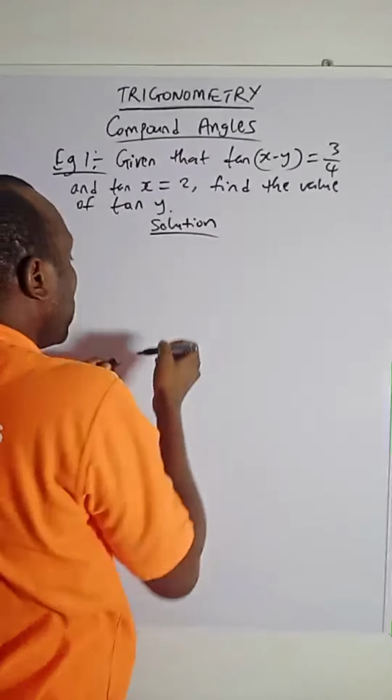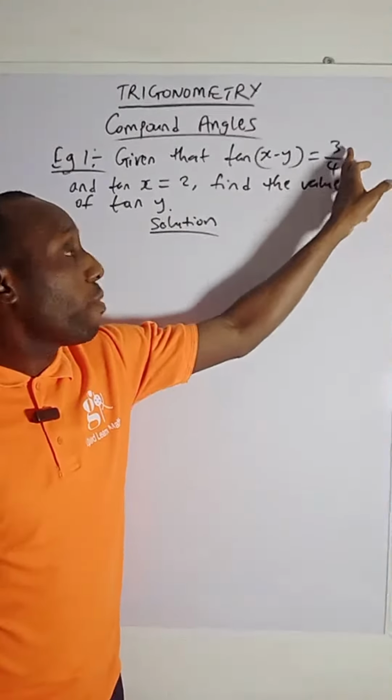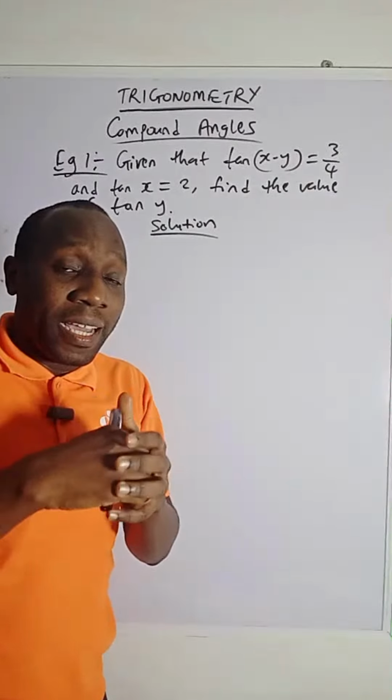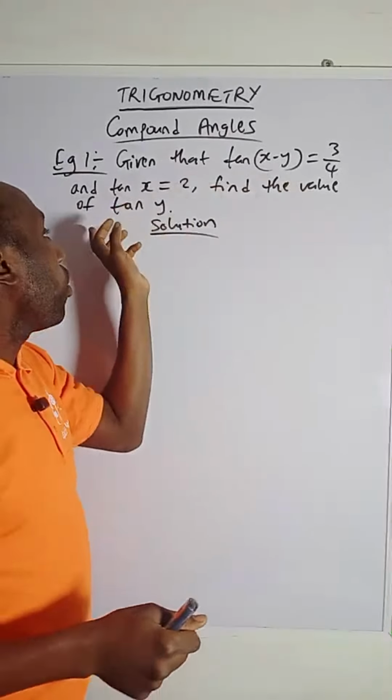Okay, this is quite an interesting question. So what we have here is that given that tan(x minus y) is equal to 3/4, they give us tan(x minus y). And they said tan x is 2, find the value of tan y.